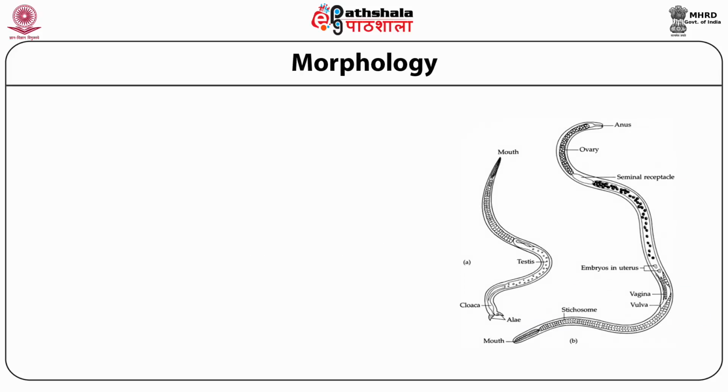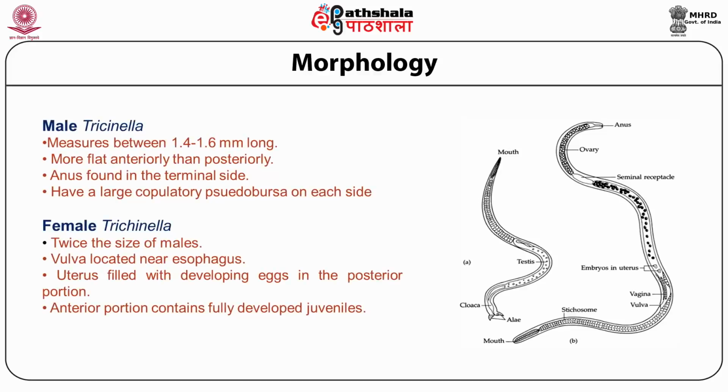The adult is one of the smallest nematodes infecting man and is white in color. The male is 1.4 to 1.6 millimeters in length and 0.04 millimeters in diameter, whereas the female is much longer, measuring 3 to 4 millimeters in length and 0.06 millimeters in diameter.